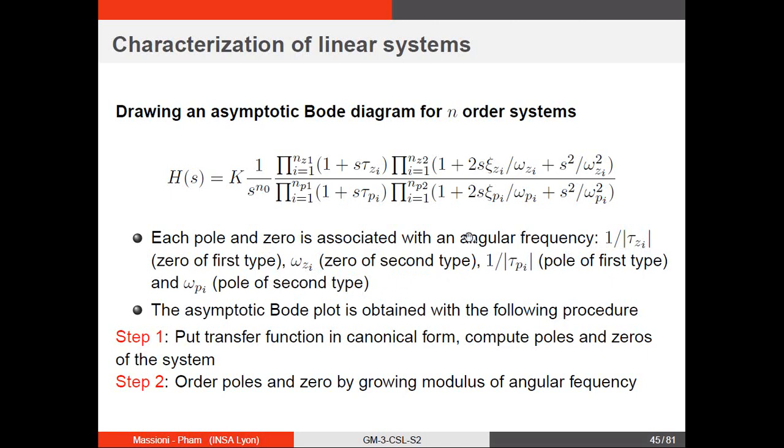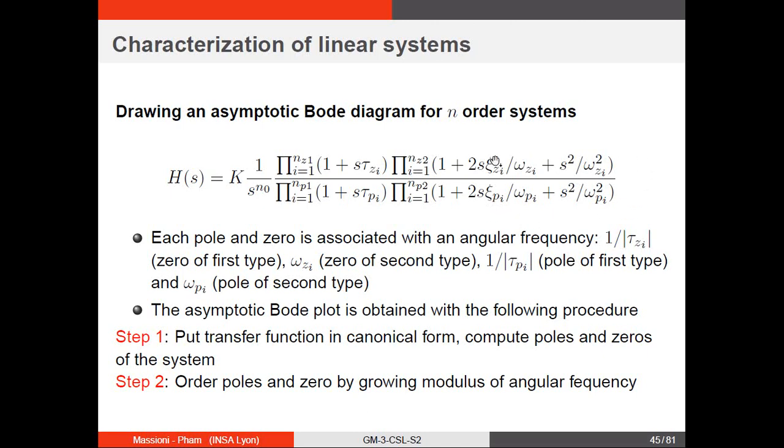Okay? Then we will need to look at xi to know if the real part is positive or negative. So basically for second order terms, the associated angular frequency is this omega, and the sign of the real part, which we need to know later on, depends on the sign of xi.